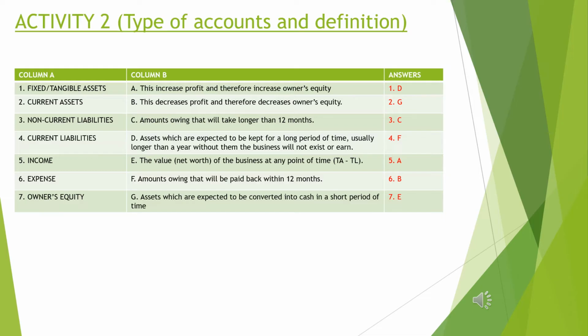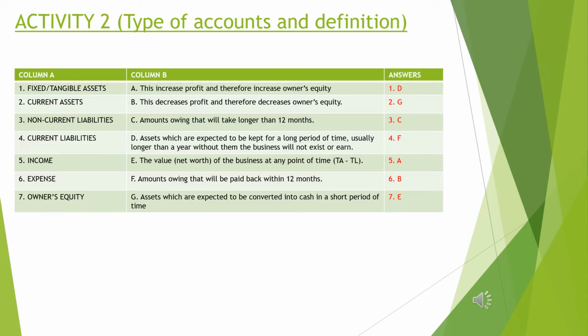Therefore, our intention of settling this liability is not limited to 1 year, but is beyond or longer than 12 months. So if we look at column A, we are going to match C with number 3. So it's non-current liabilities.